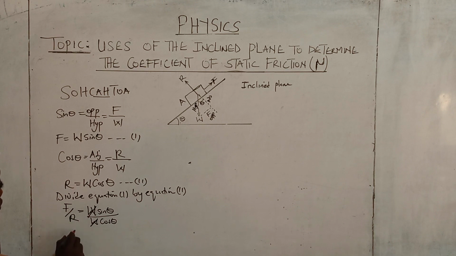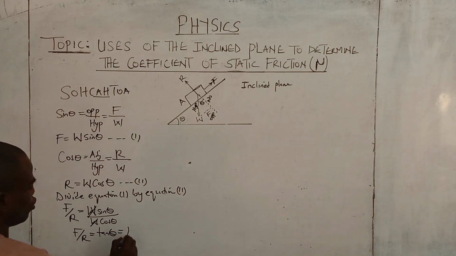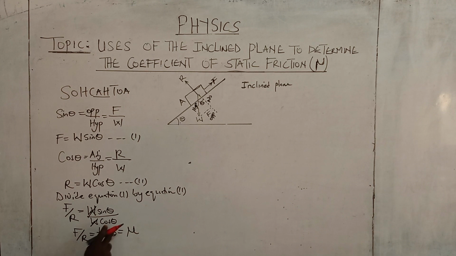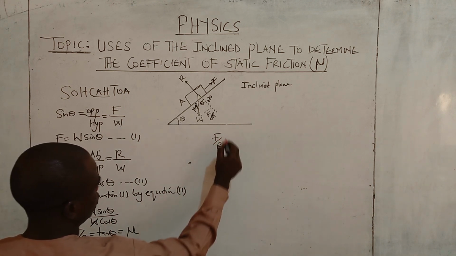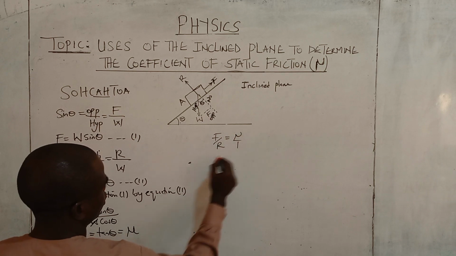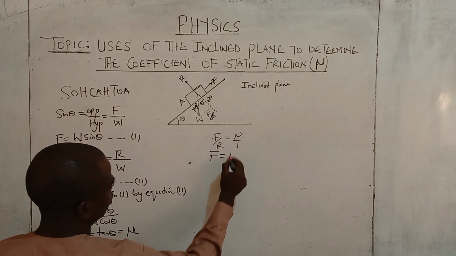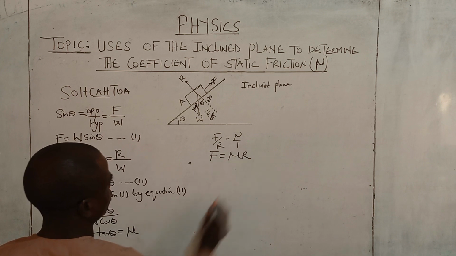This W cancels W. F over R equals tan theta, and that is equal to mu. When you cross multiply, F over R equals mu. Now F equals mu R.